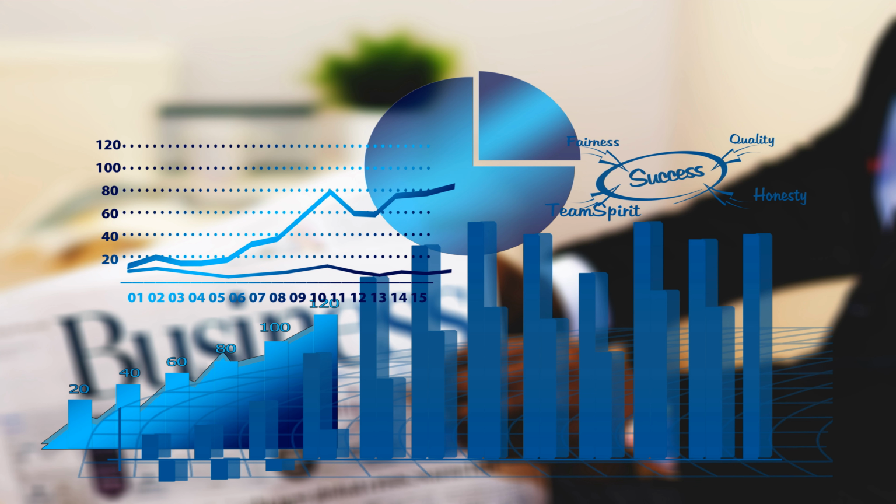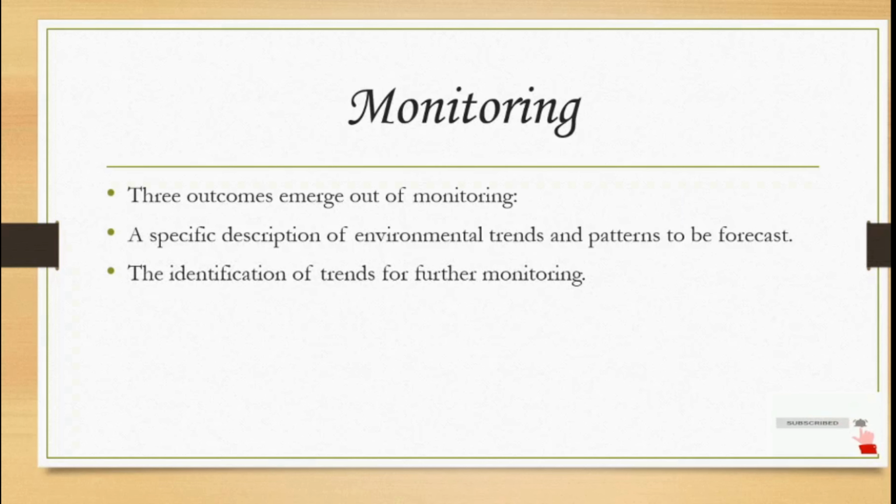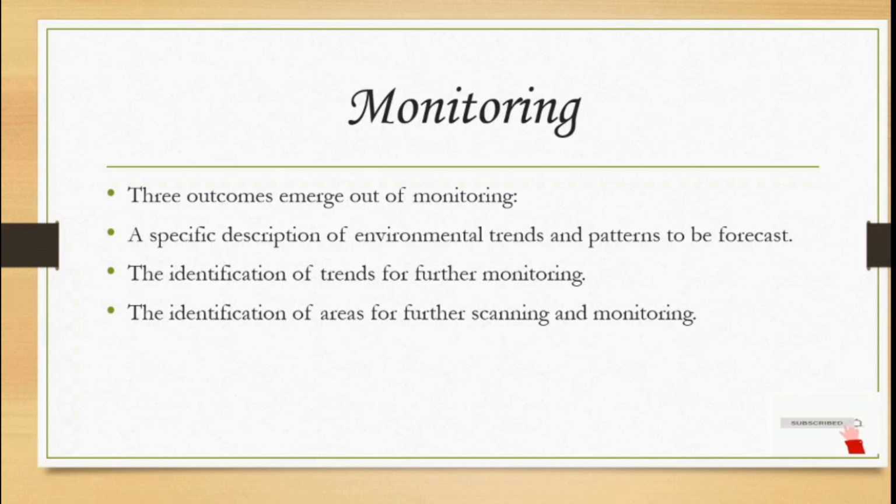Thus, as monitoring progresses, the data turn from imprecise to precise, which includes three major outcomes. First is a specific description of environmental trends and patterns to be forecast. Second is identification of trends for further monitoring, which we derive from the monitoring. Third is identification of areas for further scanning and monitoring.